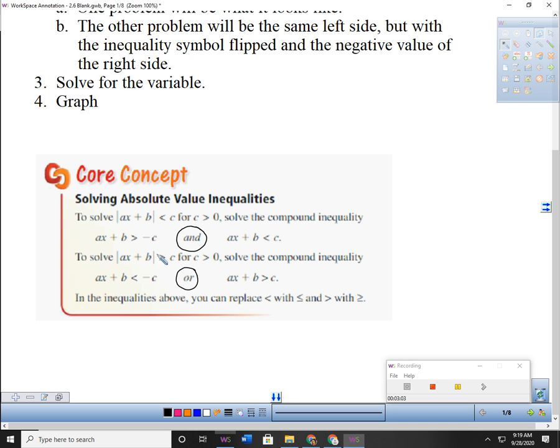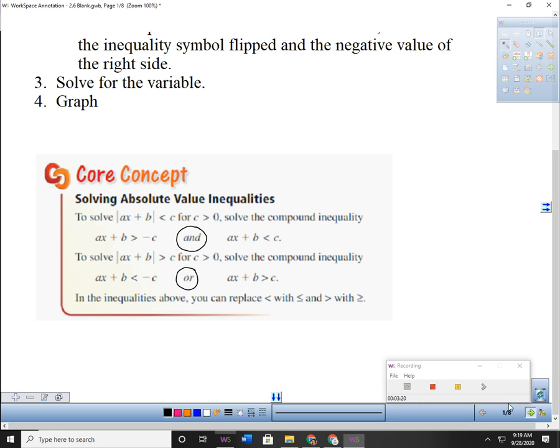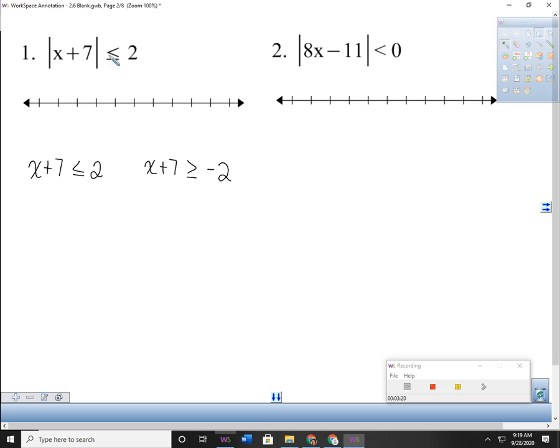If you start off with a greater than, then that's going to be an or. Okay? So this very first one is a less than or equal to, so this will be an and.